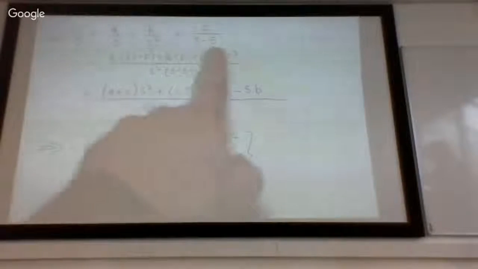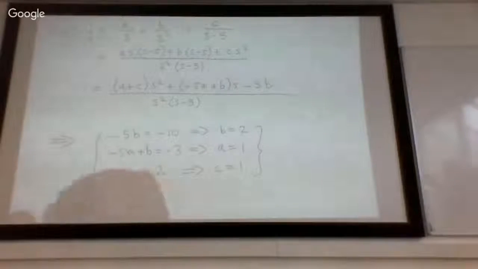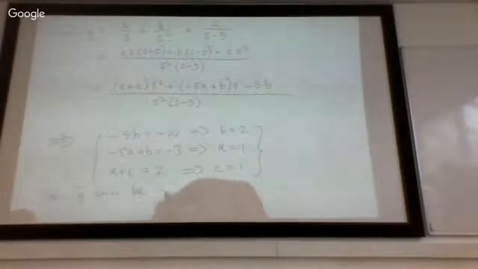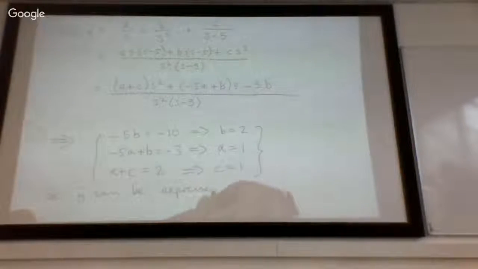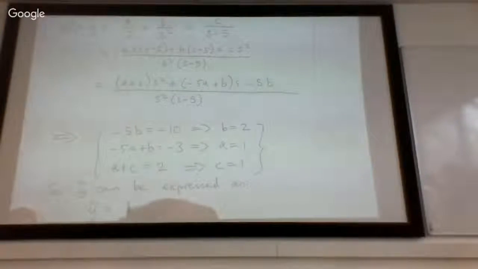So we have this nice expression here for y bar, which we can write out now. y bar is 1 over s plus 2 over s squared plus 1 over s minus 5.